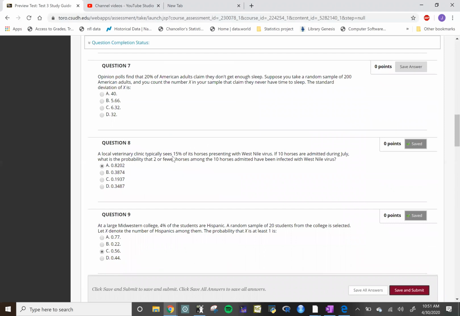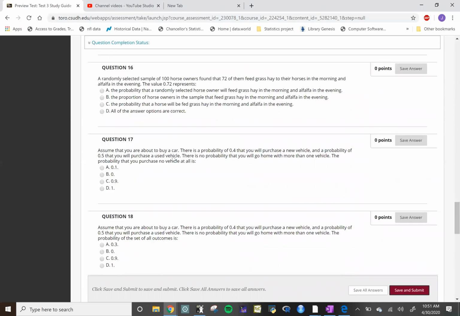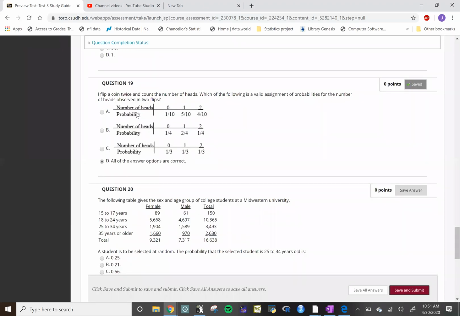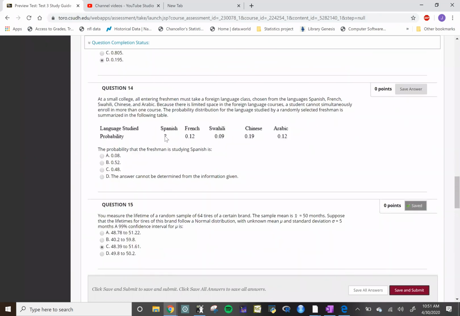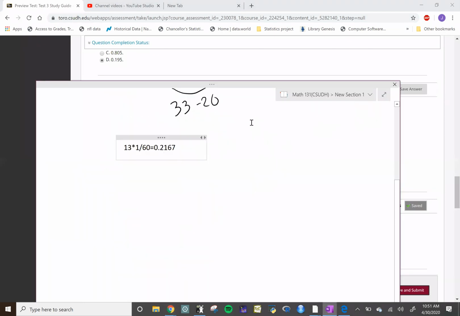Remember how we did 19 and we had to check the two conditions? One condition is that all of the probabilities had to be from 0 to 1. The other condition is that when you add them all up, they add up to 1. So going back to this, if I do Spanish plus French plus Swahili plus Chinese plus Arabic, it should add up to 1.